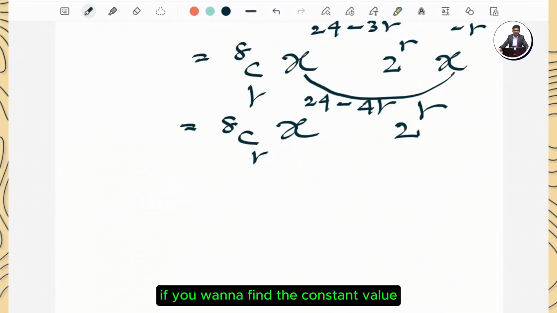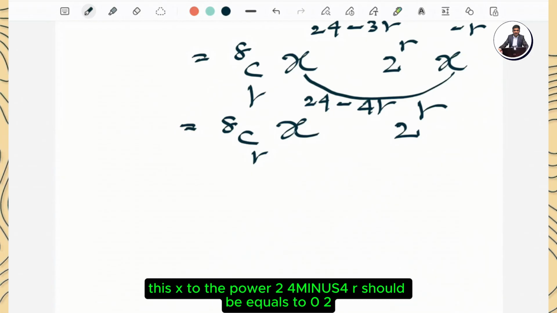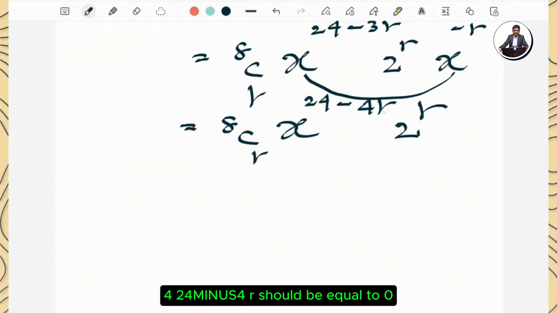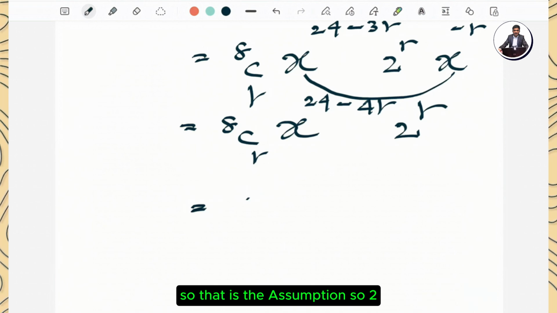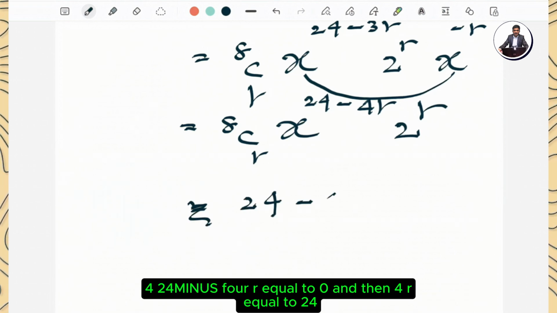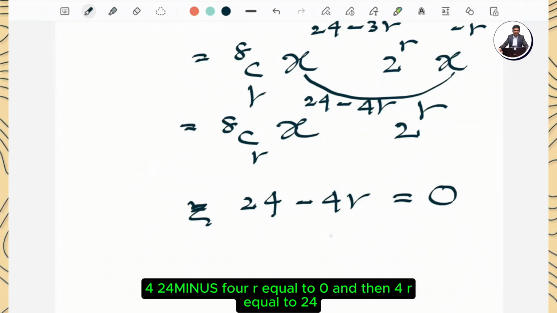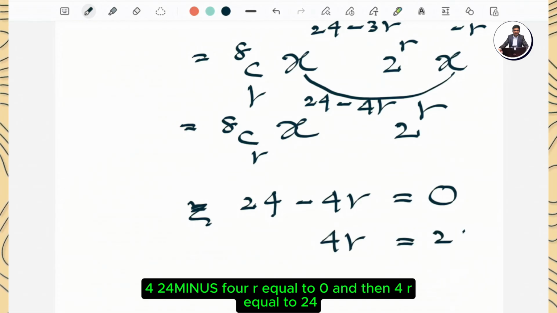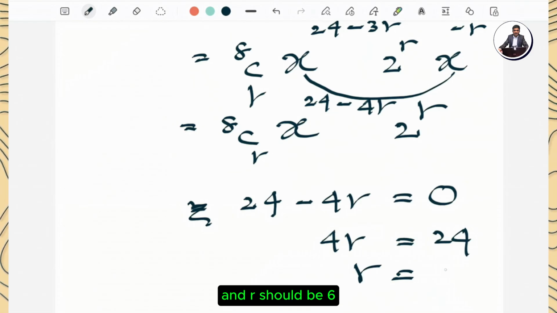So the power of x is 24 minus 4r. If you want to find the constant value, 24 minus 4r should be equal to 0. That is the assumption. So 4r equals 24, and r should be 6.